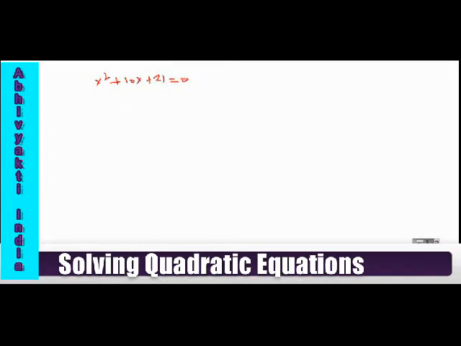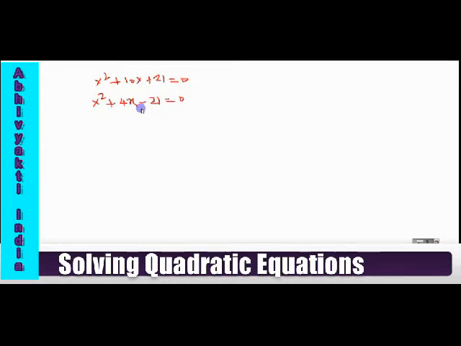Now we will see another problem. Take x square plus 4x minus 21 is equal to 0.